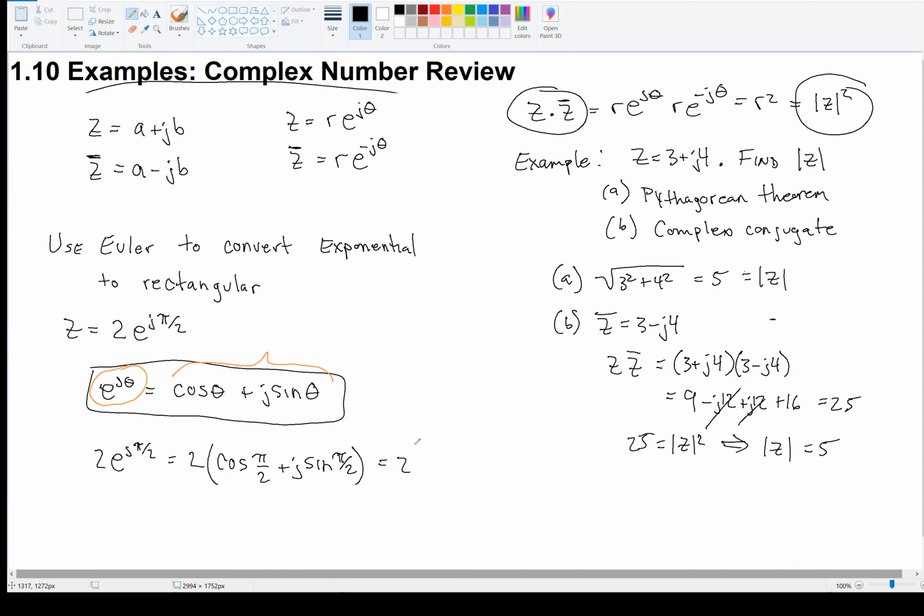So cosine of pi over 2 is 0, and sine of pi over 2 is 1, so this is just j2. And we say, yeah, of course that's right, because if I looked at the complex plane, this has an angle pi over 2, and then a length of 2. So an angle pi over 2 and a length of 2 puts me up here at 0, 2. A 0 real part, right? And a 2 imaginary part.